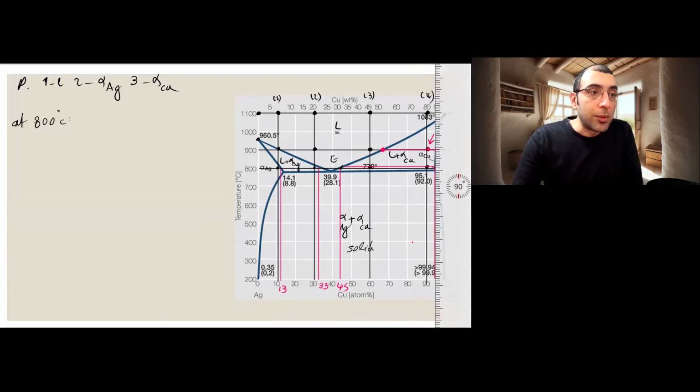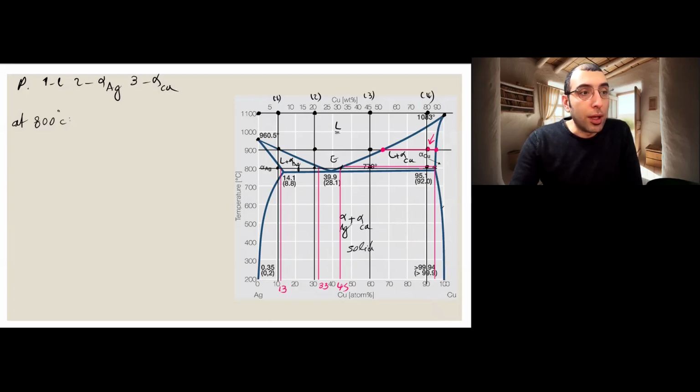And then it comes down here for alloy number 4. And then you got this one. So this is the alloy that we are talking about. Again, 95 to 45. So our total is 95 minus 45, which is 50.